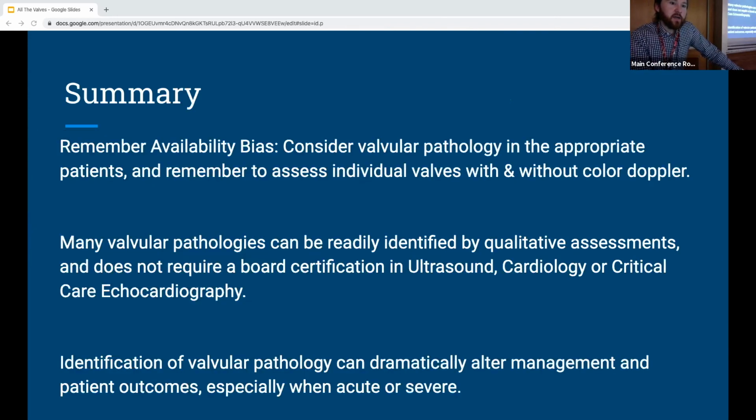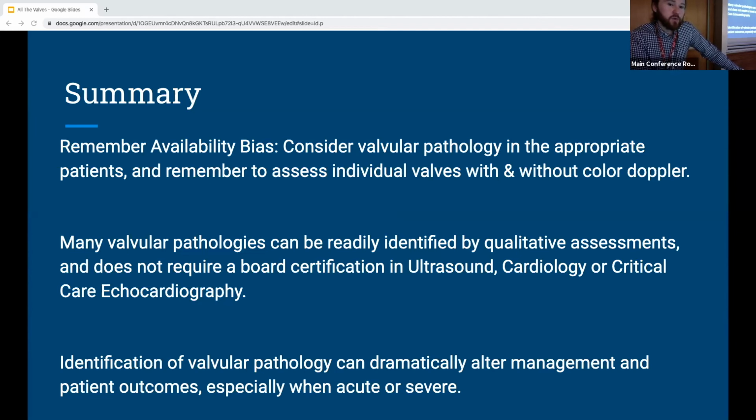So I think in summary, what I wanted to bring up for this is remember your availability bias. If you don't consider valvular pathology, you're never going to diagnose it. So when you do consider it and you have the time to echo people, just take a look at the valves. You might see something cool. Many valvular pathologies can be readily identified with qualitative assessments. They don't require quantitative assessment, at least not at our level.